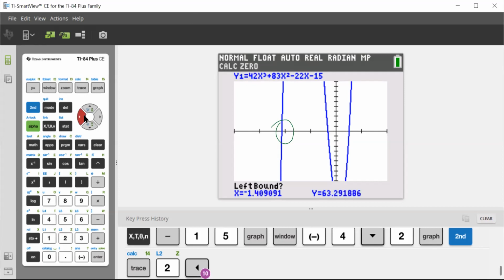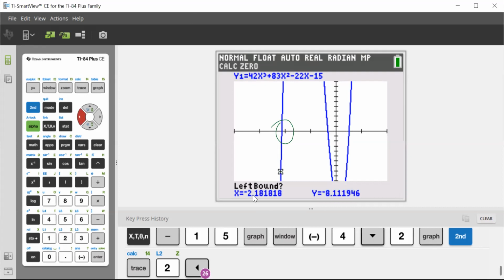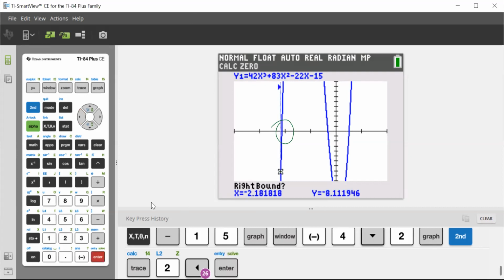You can see the little marker coming there. So negative 2.18, that's less than negative 2.1. So I'll put that in, press enter. And then I need a right bound, which means I need a number bigger than negative 2.1.